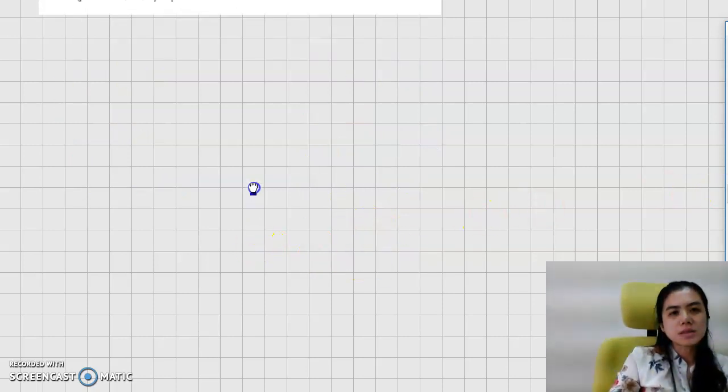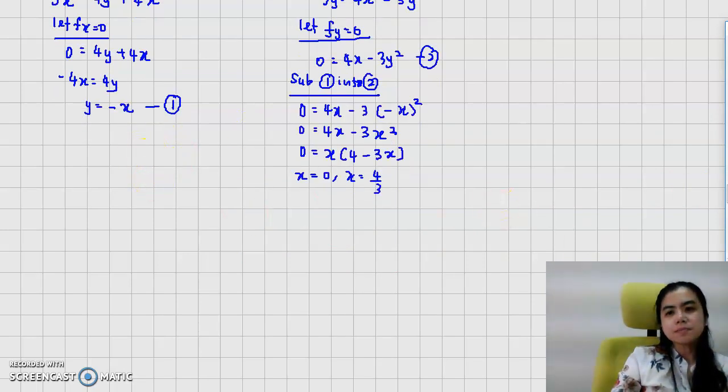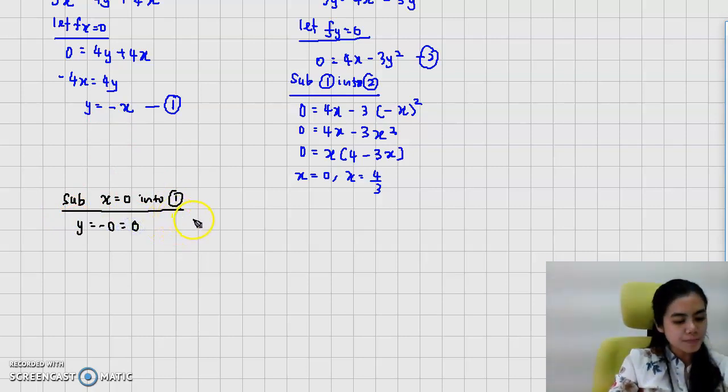Once you obtain your x, that is the time you get your y. So substitute x equal to 0 into your number 1, and you will have y equal to minus 0, that is 0. So you have the first critical point, that is (0, 0).